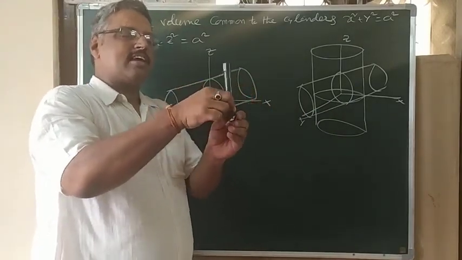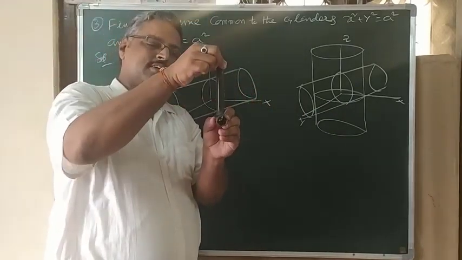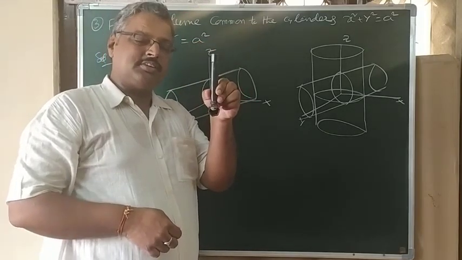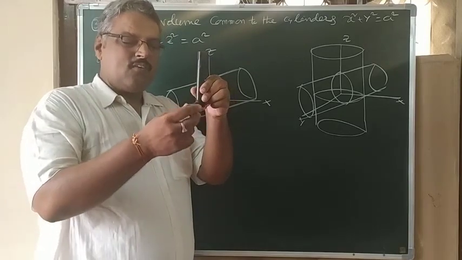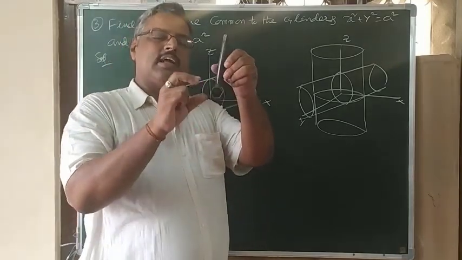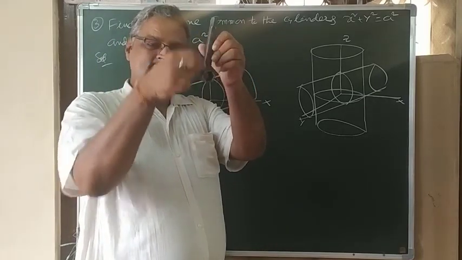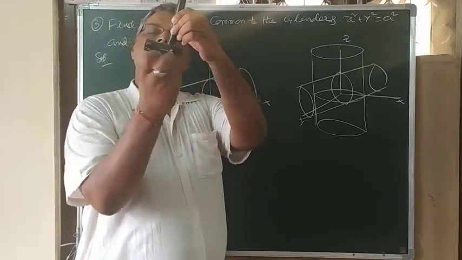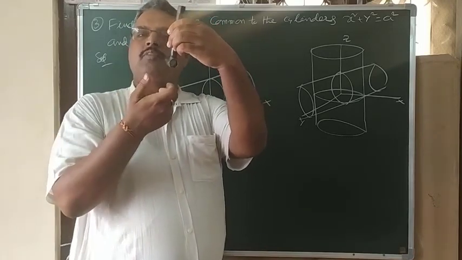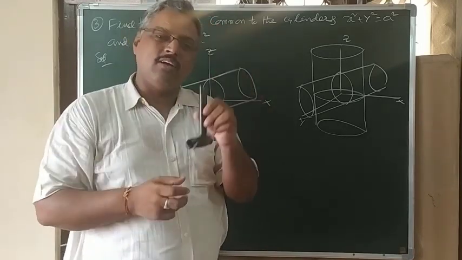This is the cylinder x square plus y square equals a square, and this is x square plus z square equals a square. Now what is the common region? The common region of this cylinder and this cylinder, the inside region, is the inside volume. Now we will find the inside volume.